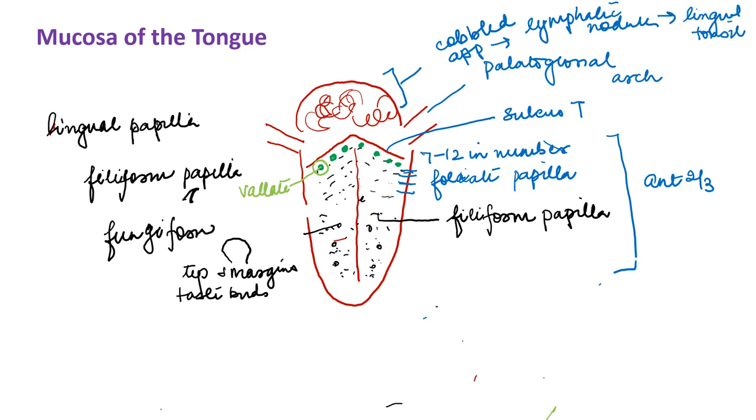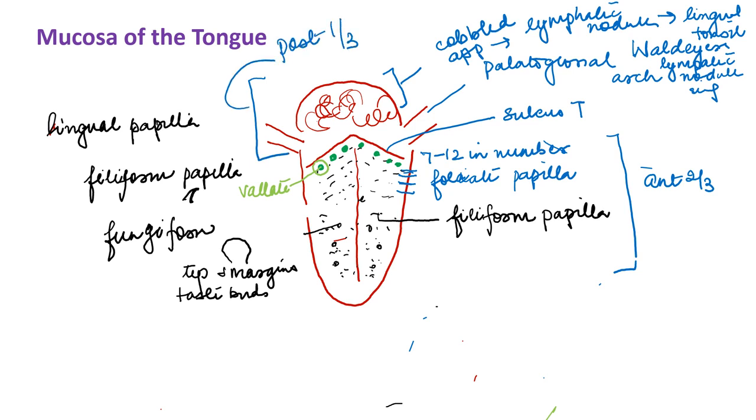So in the posterior one-third, under the mucous membrane, is present this entire group of lymphatic nodules, known as the lingual tonsil, and it is part of Waldeyer's ring of lymphatic nodules. All right. So the mucosa of the anterior two-thirds is different from the mucosa of the posterior one-third of the tongue.